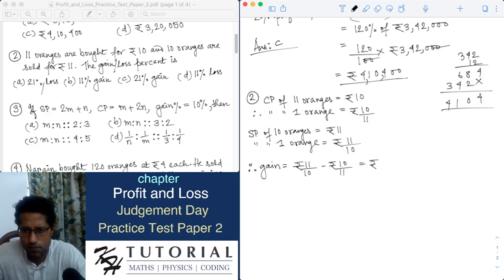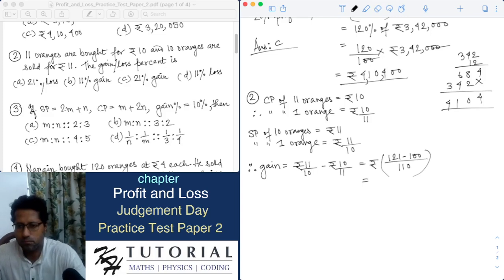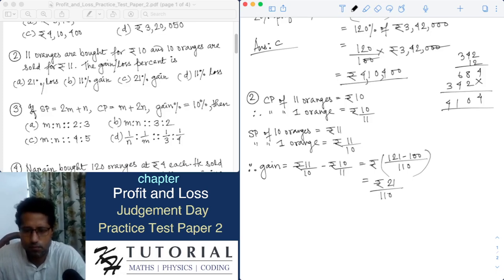This is rupees 121 minus 100 divided by 110. This equals rupees 21 by 110. This is the gain.